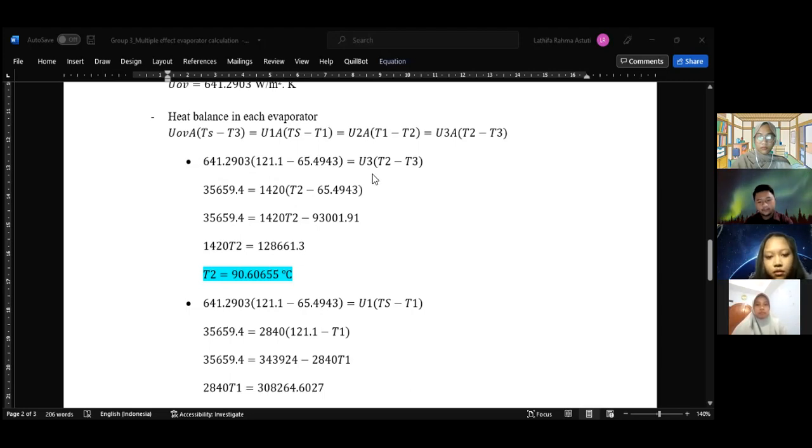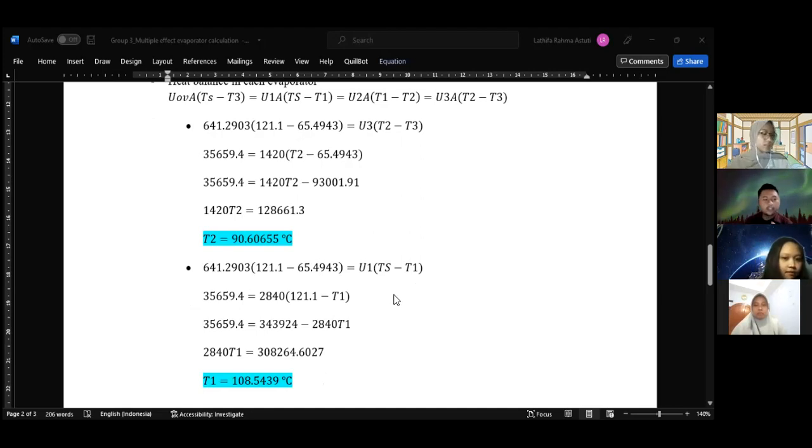So we input all the values in this formula, and we get temperature 2, that is 90.60655 degrees Celsius. Okay, the next step will be explained by Muzadi.